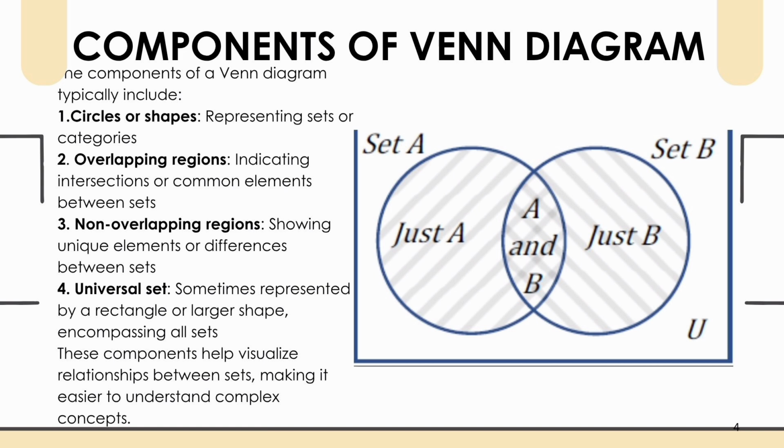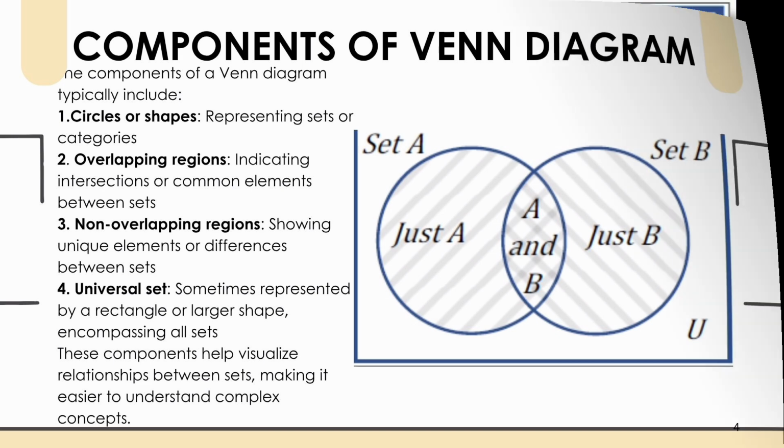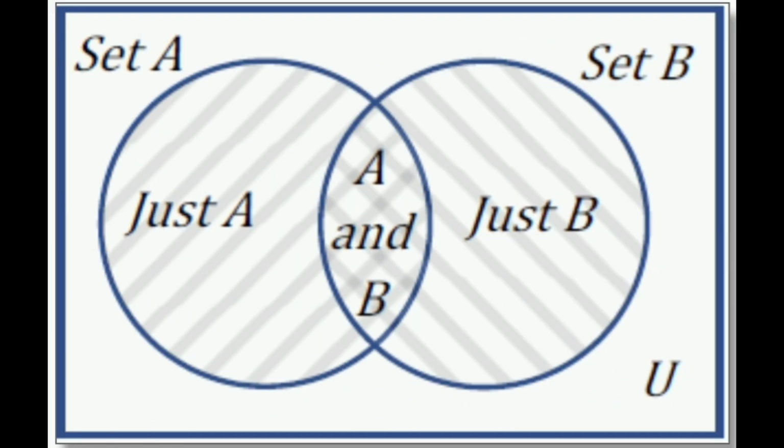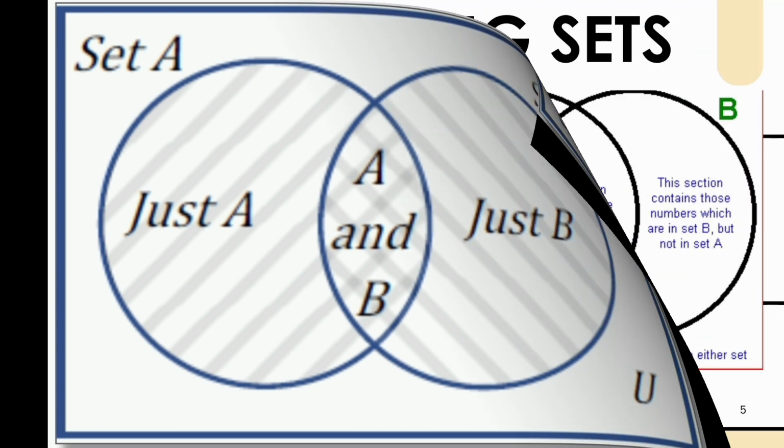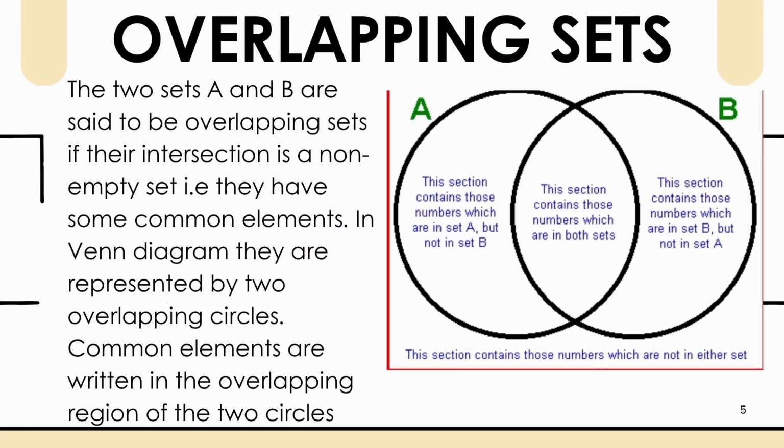For infinite sets, we use Venn diagram to perform different functions. Here you can see the Venn diagram clearly where all the components are clear. Overlapping sets: two sets A and B are said to be overlapping sets if their intersection is a non-empty set. They have some elements common in them.